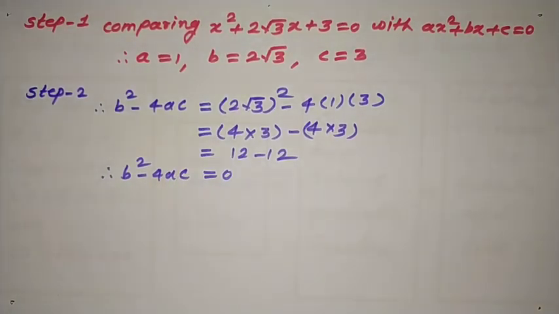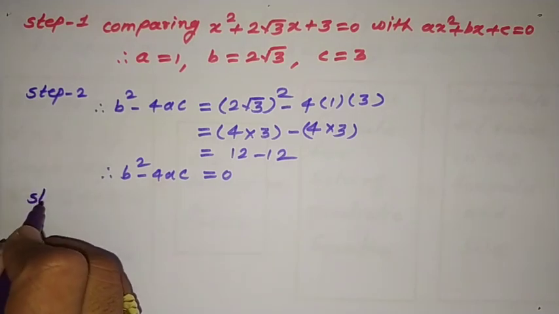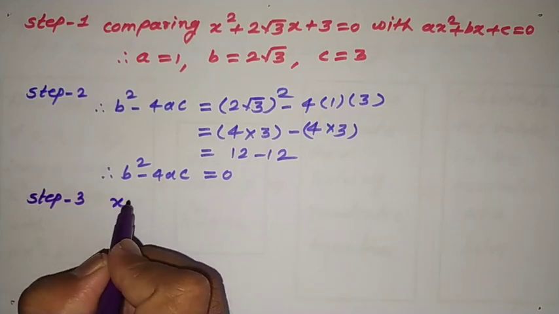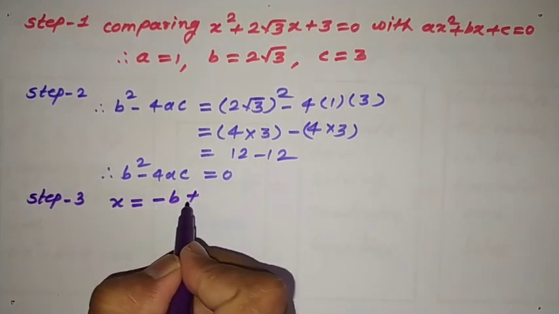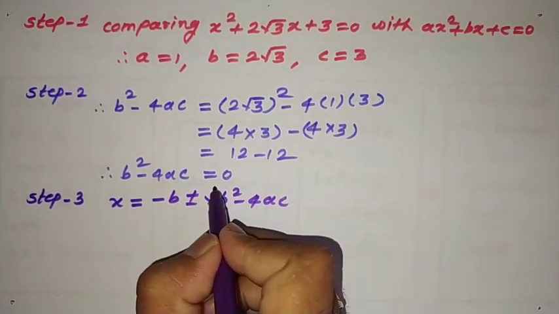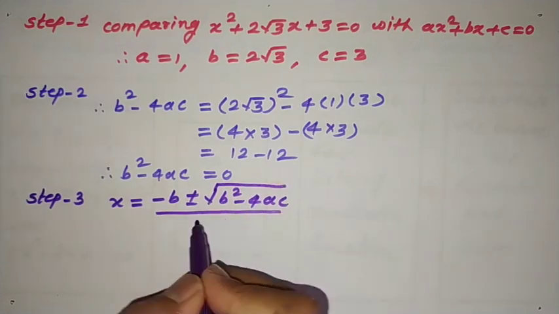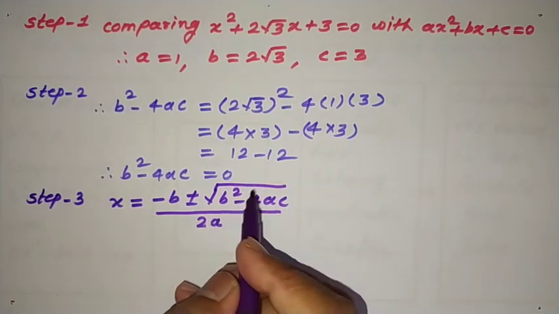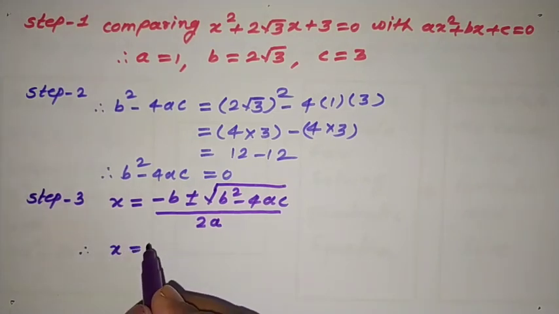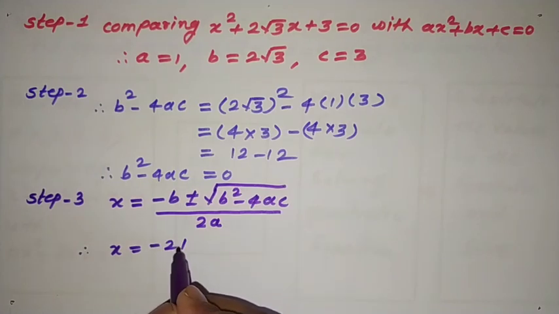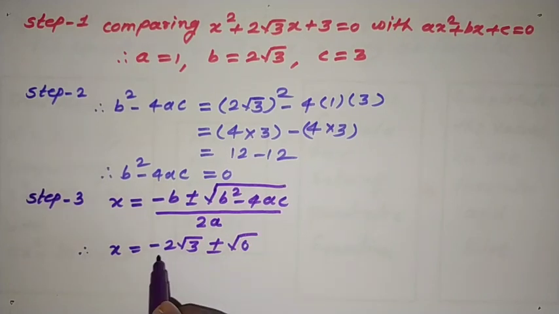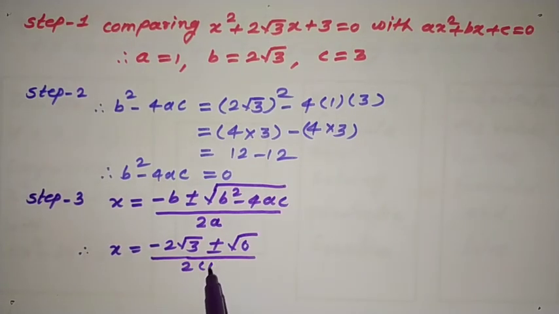Third step, step 3. Write down the formula. x is equal to minus b plus minus the square root of b square minus 4ac upon 2a. Put the values and solve it for the roots. b is minus 2 root 3 plus minus 0, upon 2 into 1.